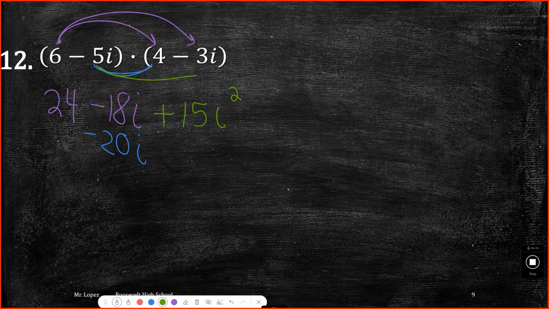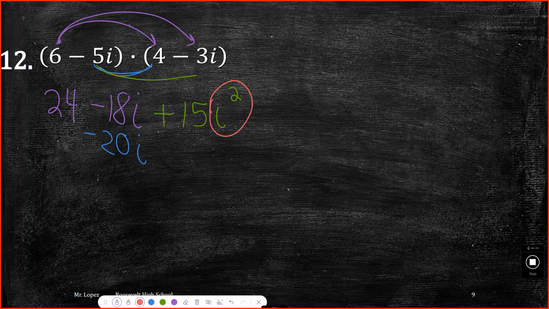You can do it whichever way you want, but let me show you how to do this fast. I know that the real part comes first, then the imaginary. What is i squared? You just have to remember it. i squared is negative 1, yes? So negative 1 times 15 makes this negative 15.